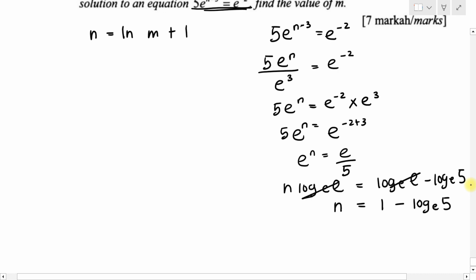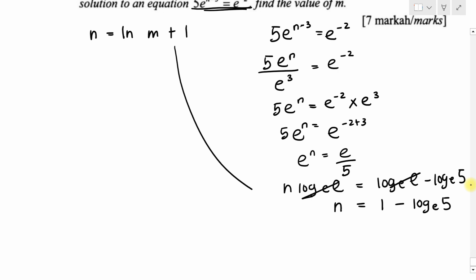Okay, so you see, we actually can find something related, correct or not? See here, it gives n equal to ln m plus 1, and here we find n equal to log e, what is that? Negative ln 5 plus 1 as well.